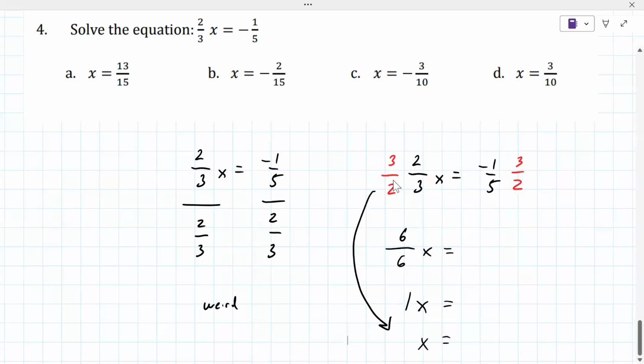Multiplying by the reciprocal is effectively the same as dividing, but it's better to do, and that is your best path here. When you multiply fractions, you multiply the tops and the bottoms. So in this case, you get -3/10. I would recommend using that method.